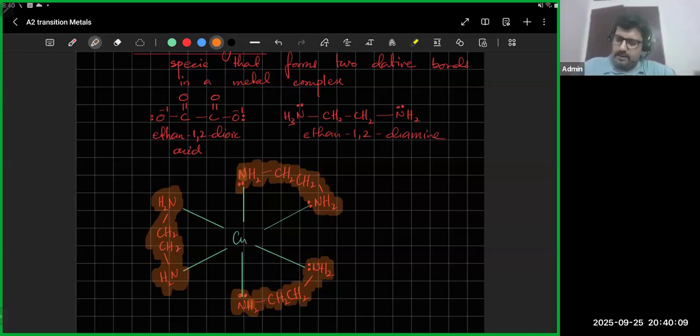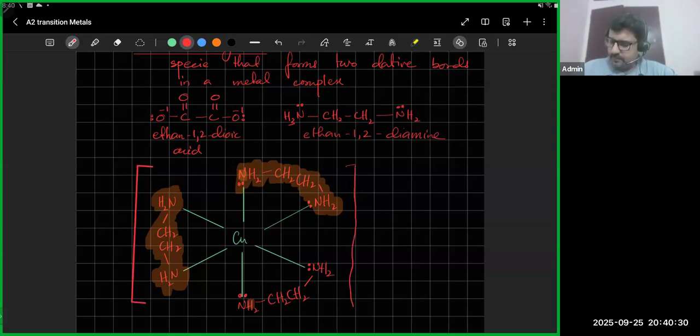The whole thing is going to have, because ethane 1,2-diamine was neutral, and the copper that was in the middle had a +2 charge, overall it's going to have a +2 charge.